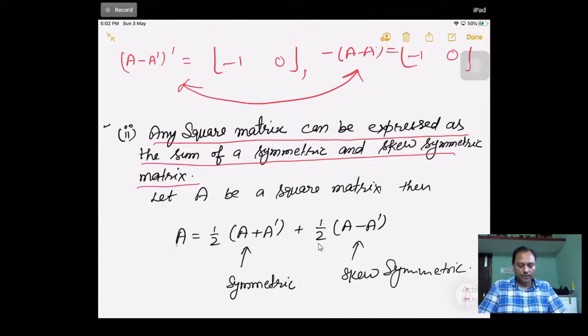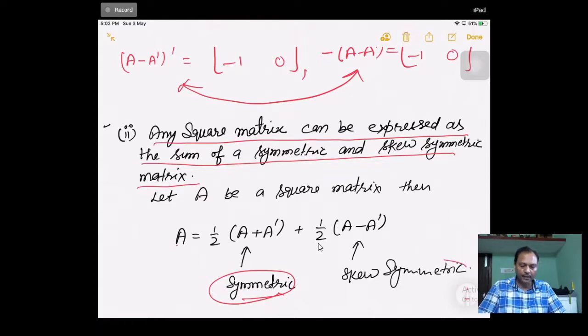In the first result we have already observed that a square matrix added to its transpose gives a symmetric matrix. If we subtract the transpose of a matrix from the given matrix, we get a skew-symmetric matrix.